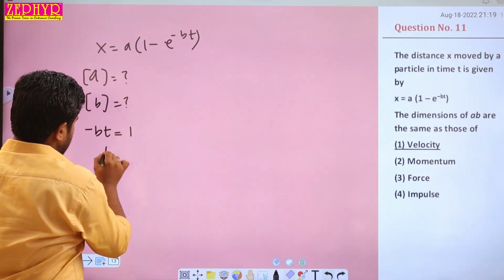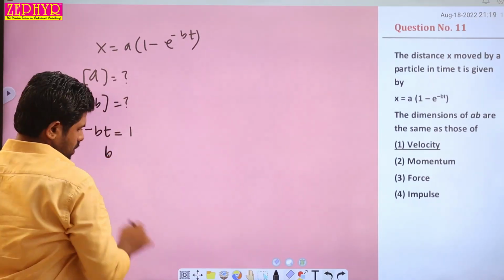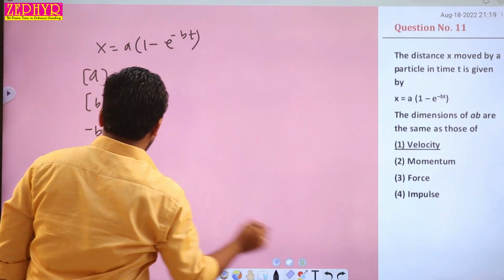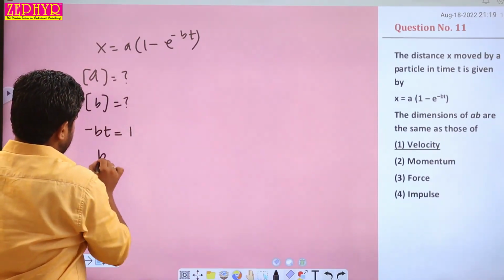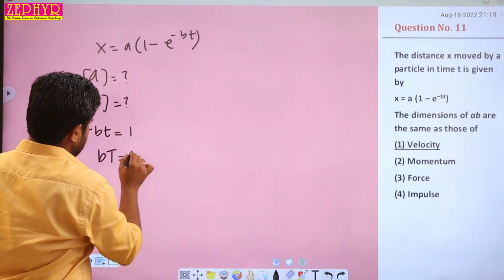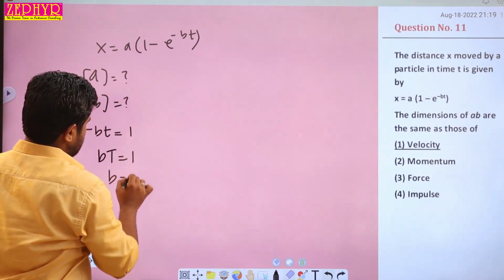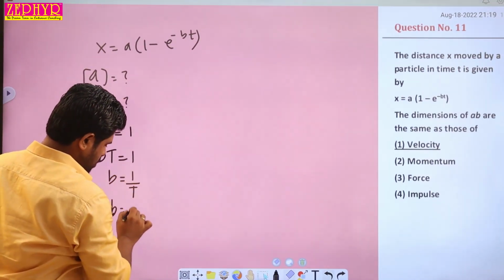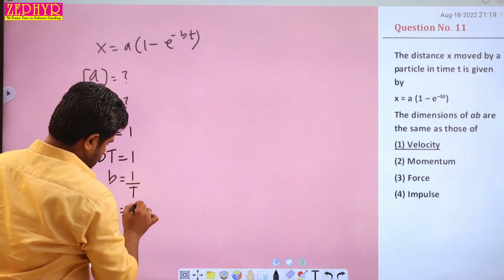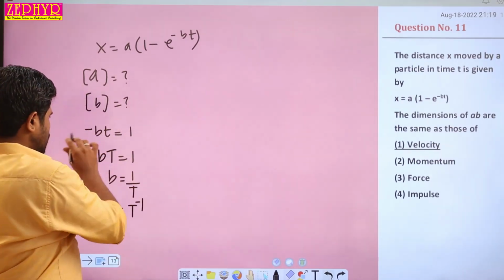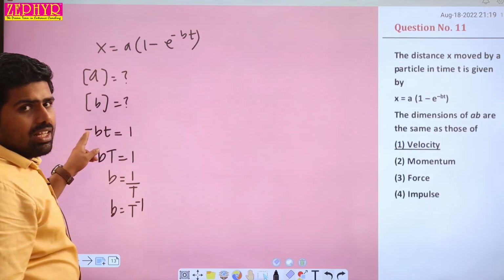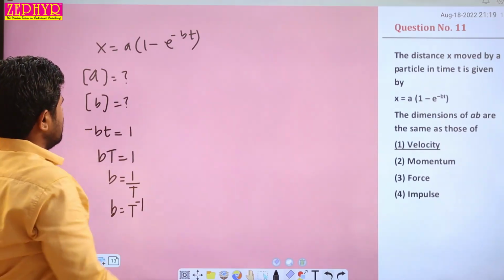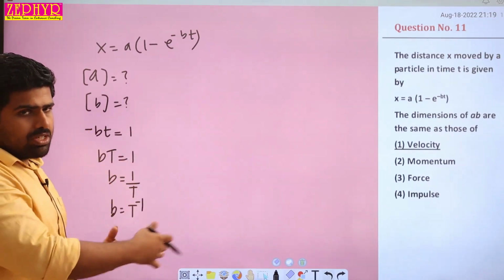So here we know the dimension of t, bt is equal to 1. So b is equal to 1 divided by t. So b is equal to t raised to minus 1. So we avoid the sign minus in our dimensional calculation.